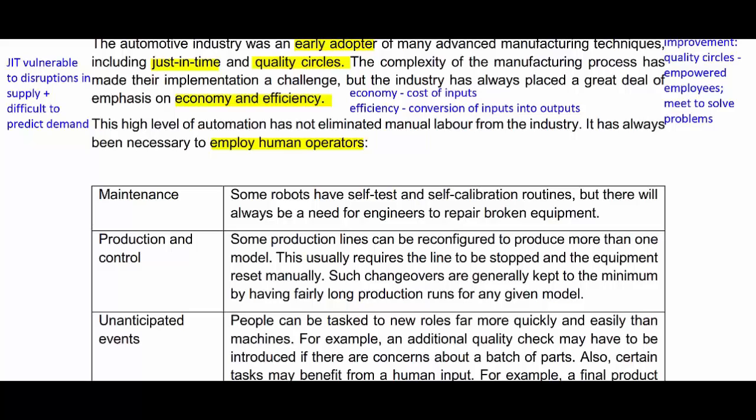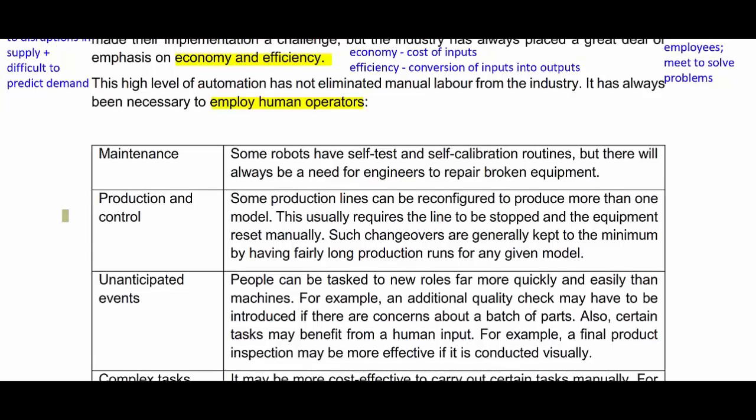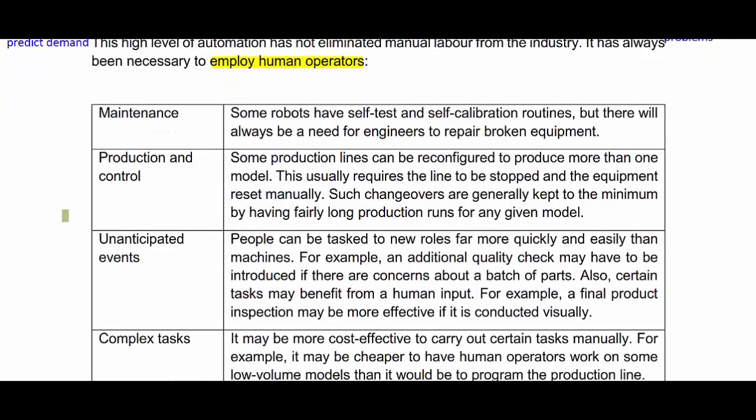Someone needs to repair the machines, and occasionally there is a need for an employee or employees to step in when something surprising happens. So let's just take a look at where human operators come into play in the manufacturing process. Maintenance is one. And we're told that robots occasionally break down. It's not surprising. And then engineers are needed to repair the broken equipment.